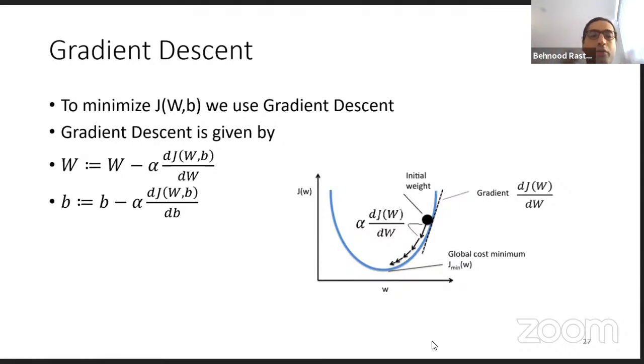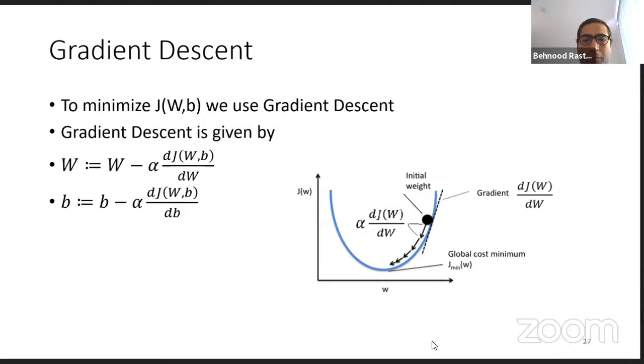I assume that we have a cost function with respect to W and B, called J, and gradient descent is given by these two updating equations, which estimate the parameters W and B.